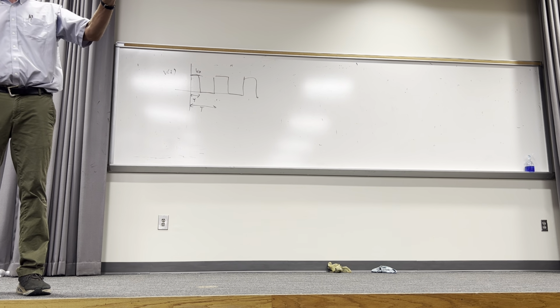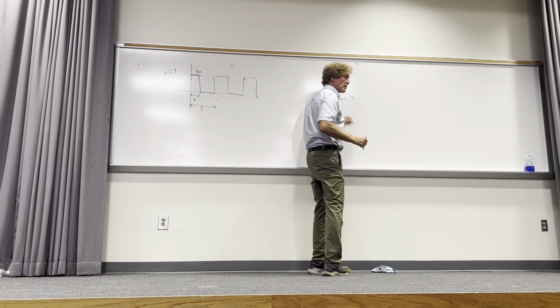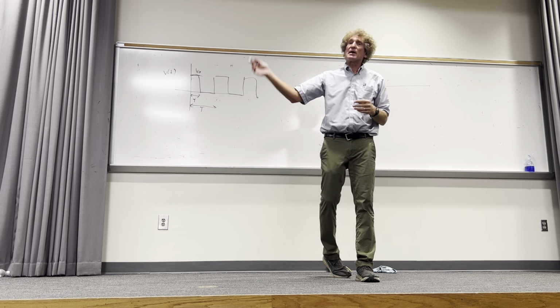So this is called the RMS voltage, or current. VRMS for any waveform is equal to the square root, that's where the root comes from, of 1 over the period of the waveform. Now, it has to be a periodic signal.